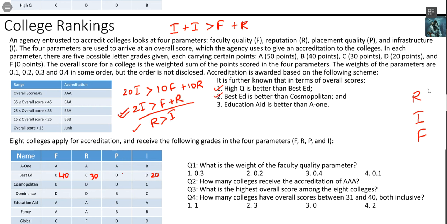We've also used the second one, and I know the relative order of R, I, F is this much.